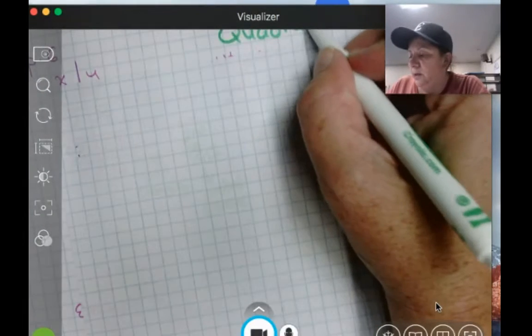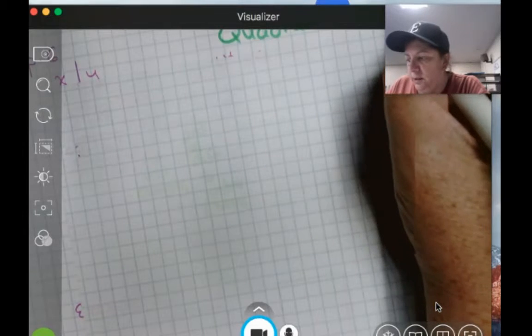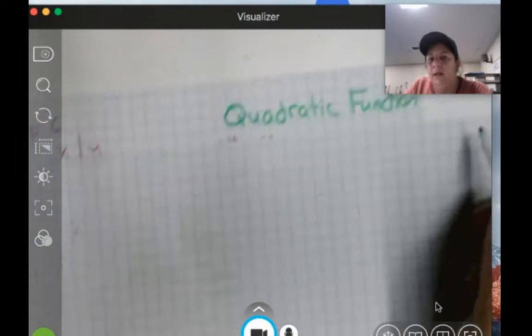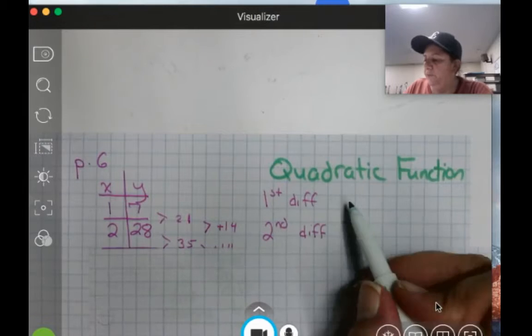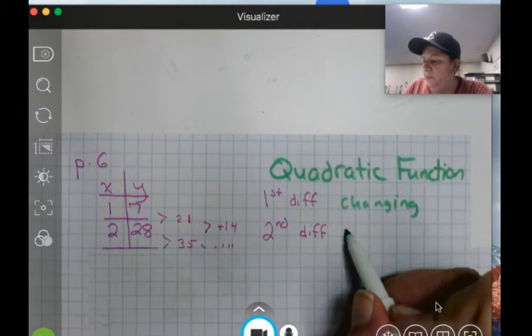Last time in class, we talked about how a quadratic function is going to have an x squared in it, and that it's based on quadrilaterals. So our first difference was always changing. Our second difference was plus 14.